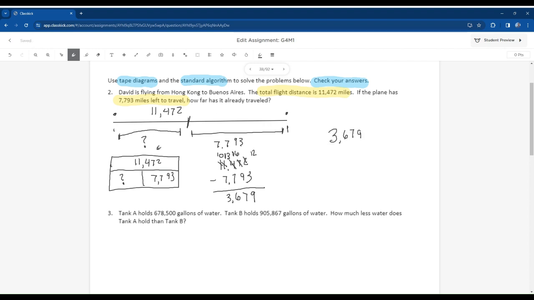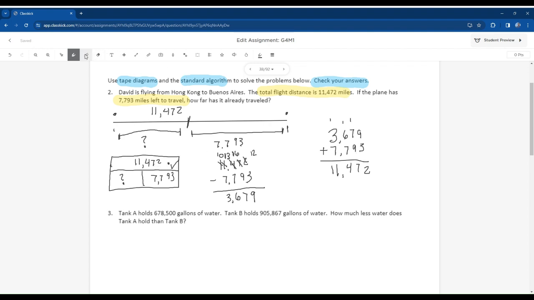3,679 miles that we're thinking they already traveled, plus the amount of mileage they have yet to travel, should come out to our total distance of the entire flight. 9 plus 3, 12. 9 plus 7 plus 1 is 17. 1 plus 6 is 7, plus 7 is 14. And 1 plus 3 plus 4 is 11 to make 11,472.